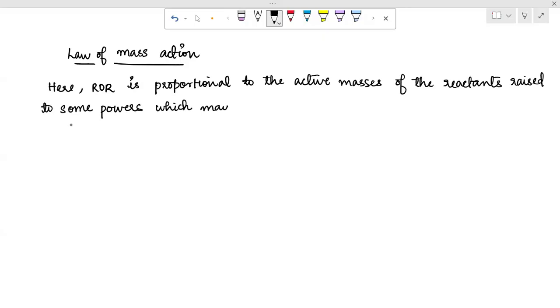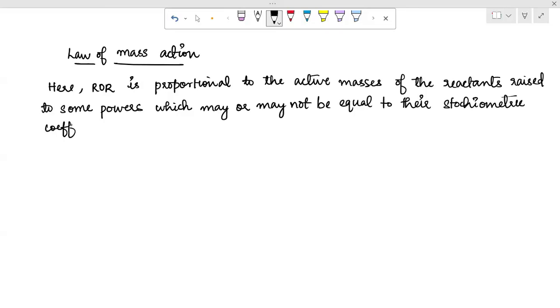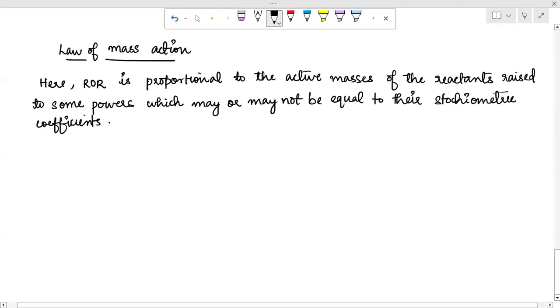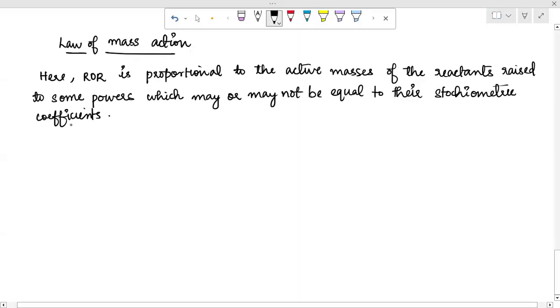Which may or may not be equal to their stoichiometric coefficients.